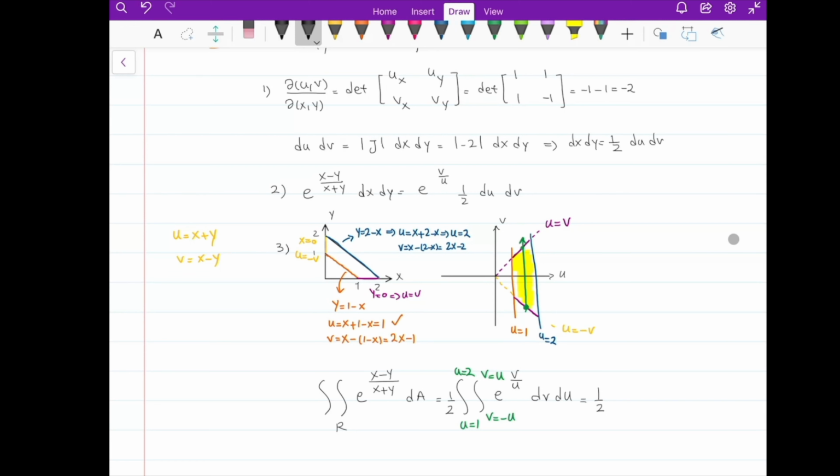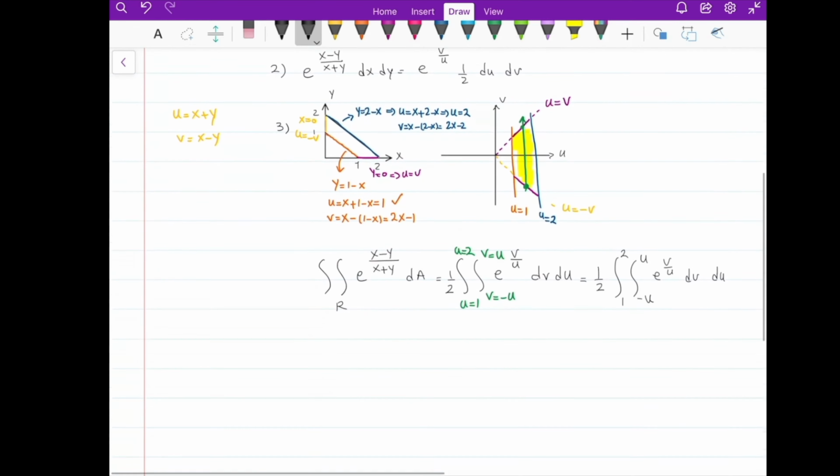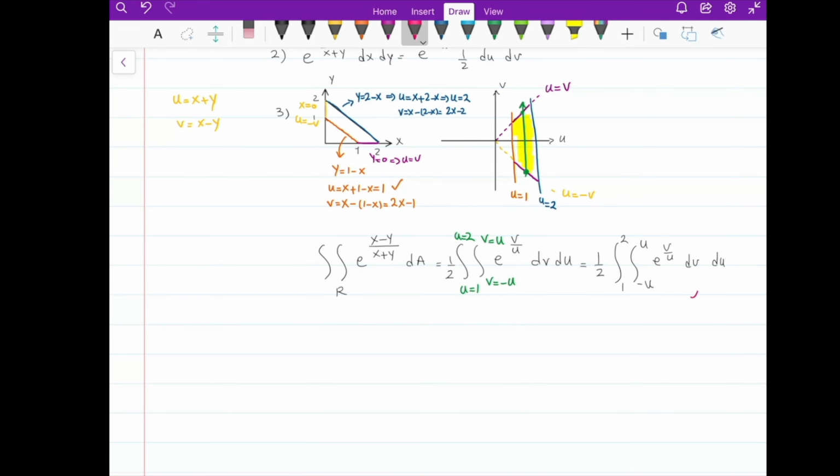Okay, so it would be 1/2 times the double integral from 1 to 2, then negative u to u, of e to the v over u, then dv du. Okay, when I want to do the inner integral first, it's with respect to v, so u would be a constant.